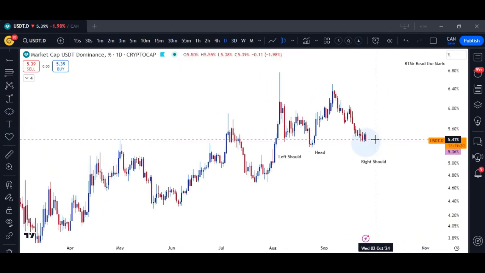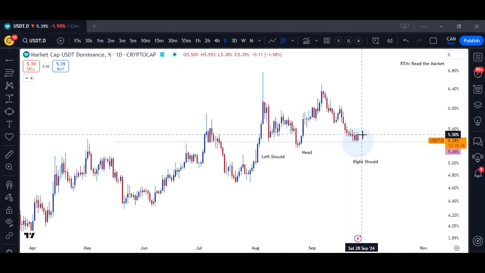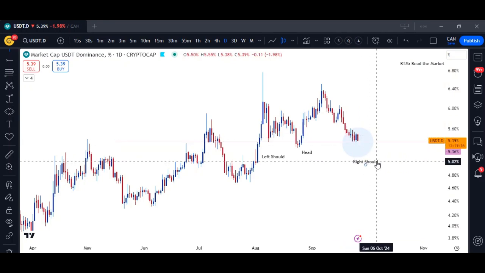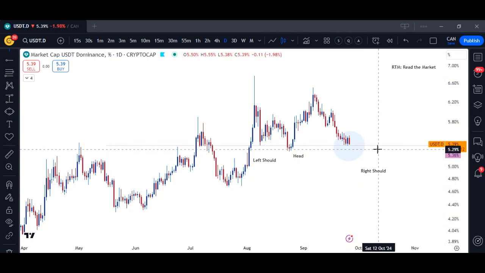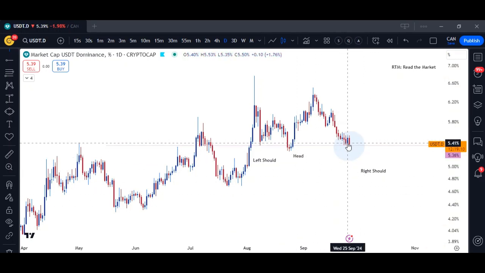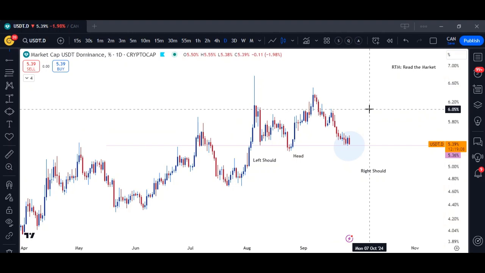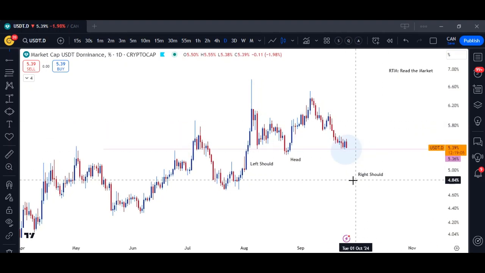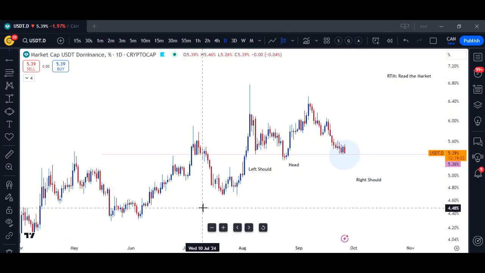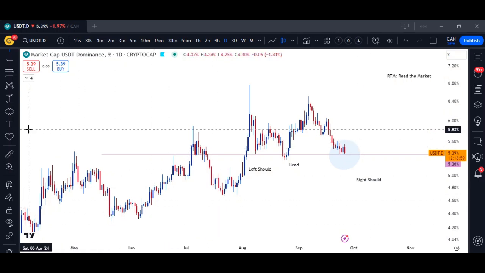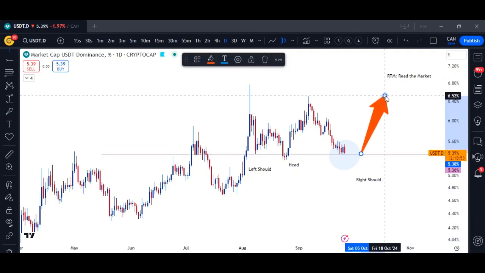As you can see, this area is ranging, and this right shoulder is not being completed so easily. If we could actually get a nice retracement upwards from this level, we could say that our head and shoulder pattern has successfully been completed. But at this point, I'm not so sure whether this is going to be that simple. So let's see.